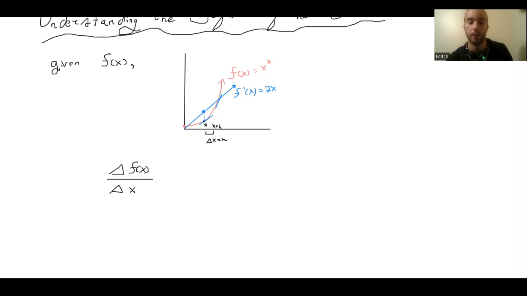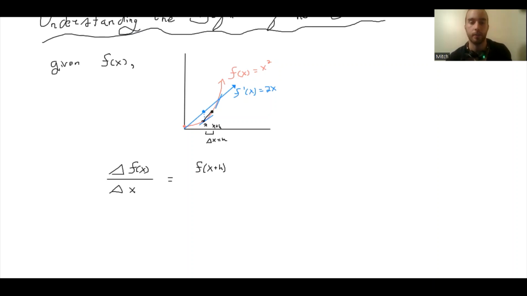And so what we're looking at for that average rate of change is just like the slope of a line. So it's going to be f of x plus h, which is going to be this point up here. Or sorry, that's not on f. So this point up here, and then we're making that average line.